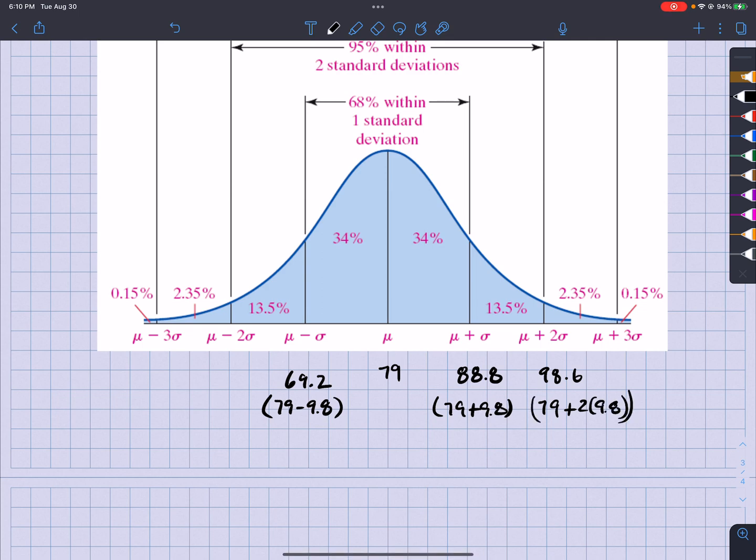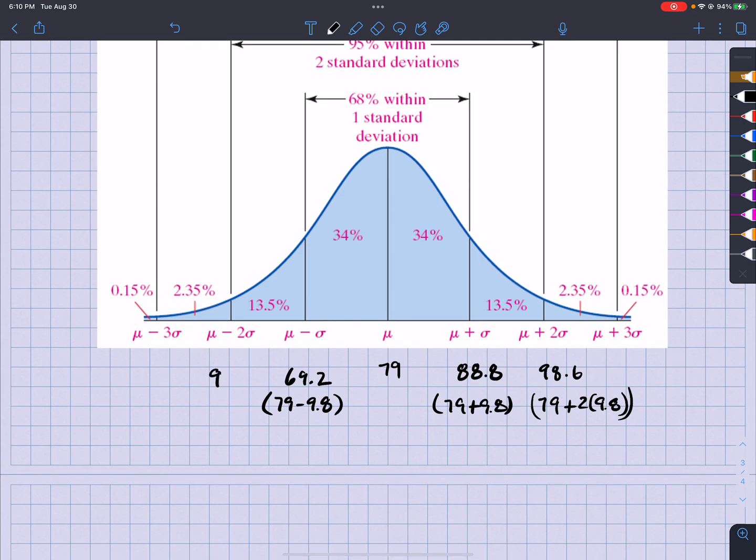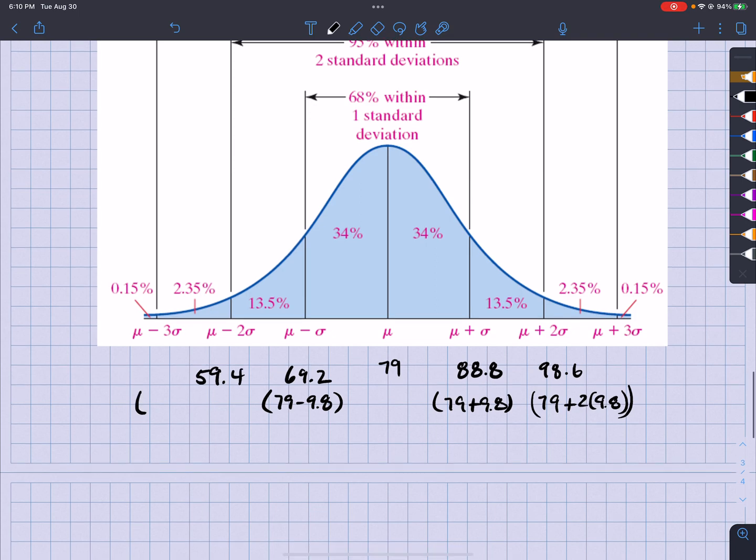And if I took 69.2 minus another 9.8, I'll get 59.4, which really is taking the 79 and subtracting 2 of those 9.8s. Isn't that what this is saying? Take the mean minus 2 times the standard deviation. And that's exactly what I did.